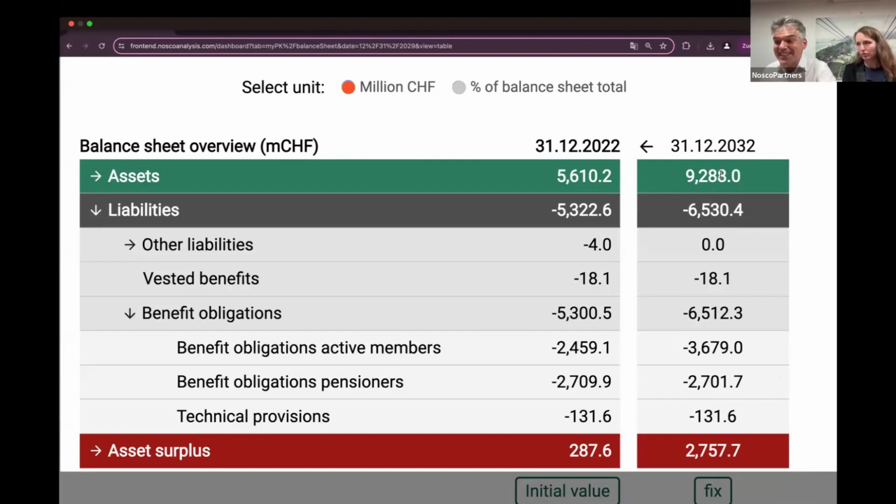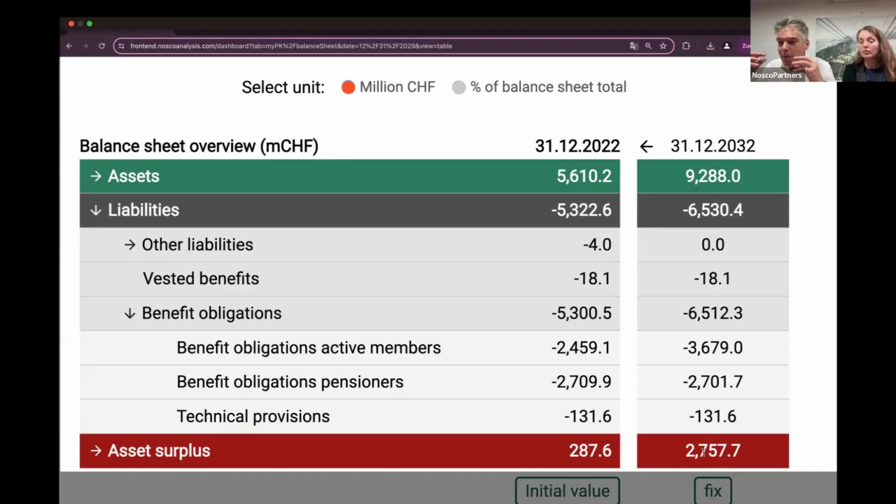Why didn't the asset side change? Because this number, 2.7 billion, is a commitment to make future pension payments. So this is the present value of things that are happening later than 2032. The thing that changed, though, is the asset surplus.